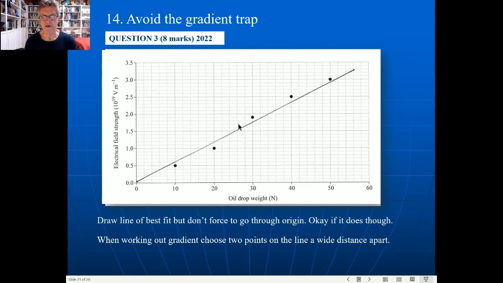So just be a bit careful with that. I'd use one almost at each end of the line. Like so, those 2 points there in red would be good ones.